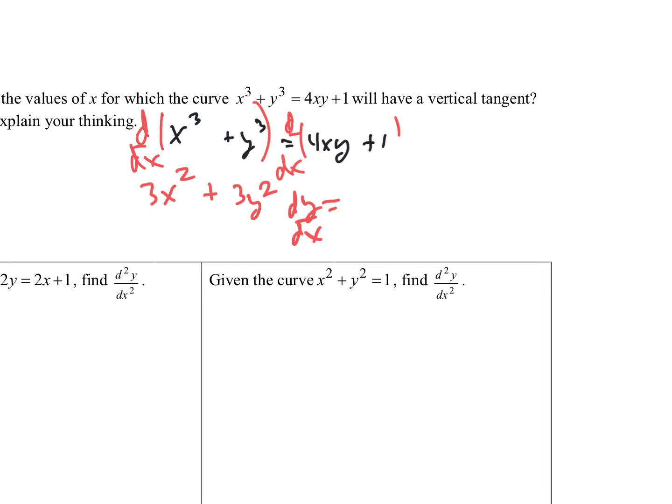So I'm going to call 4x the first term. The first, 4x, times the derivative of y, which is dy dx, plus y times the derivative of 4x, which is 4, so 4y, plus 0.